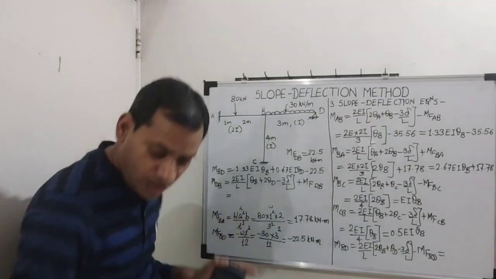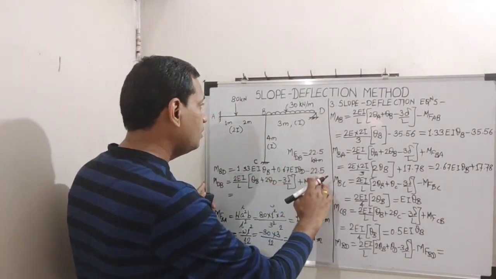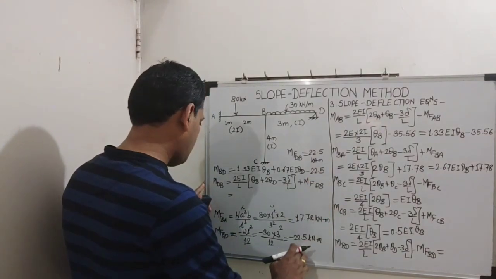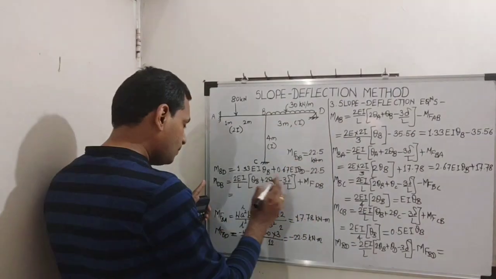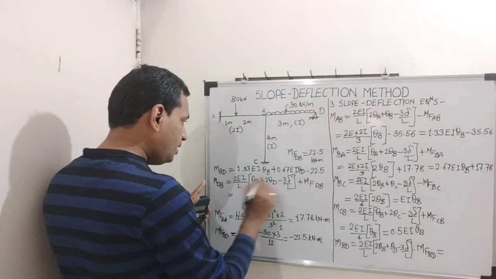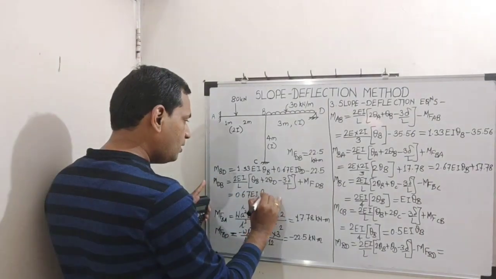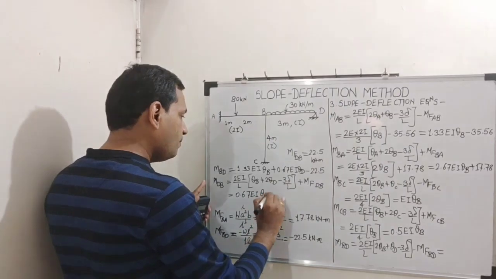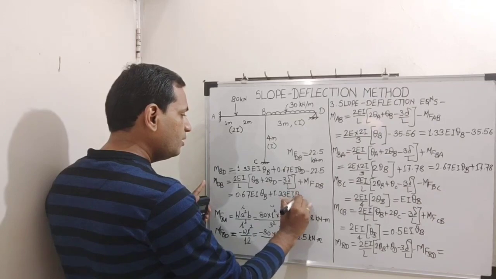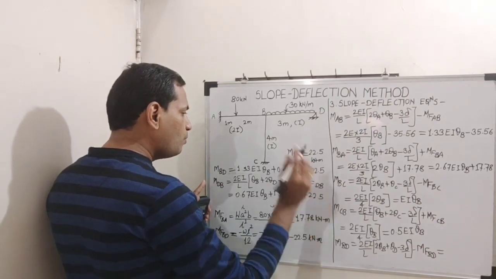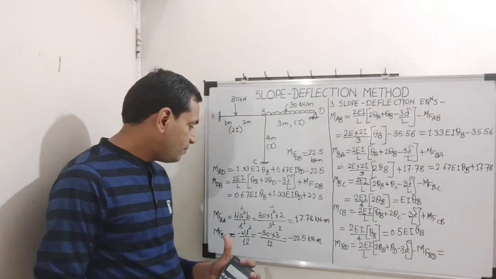There will be only interchange of these coefficients, and this will be plus. So 2EI by 3 is 0.67 EI theta B plus 1.33 EI theta D plus 22.5. Yes. So our third step is over. Step number 3 is over.